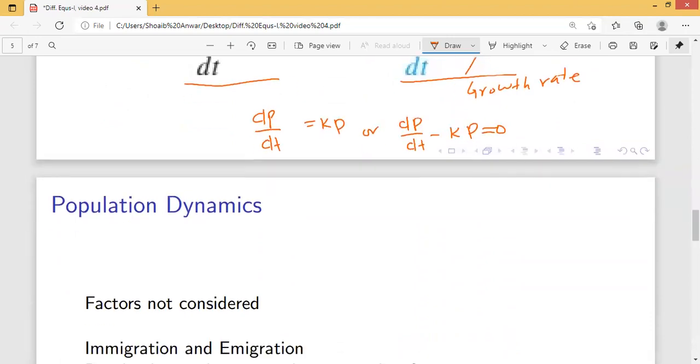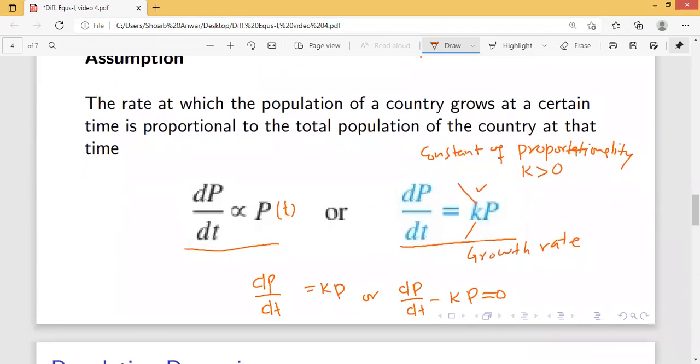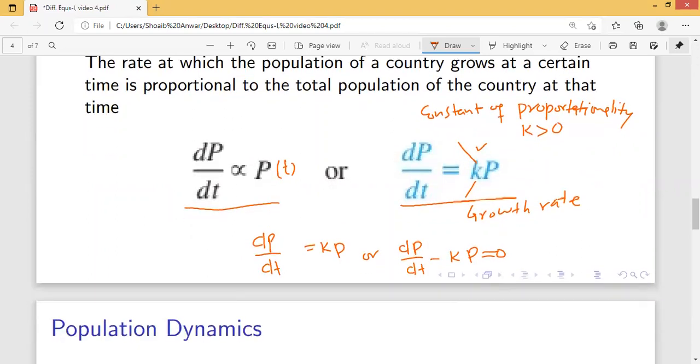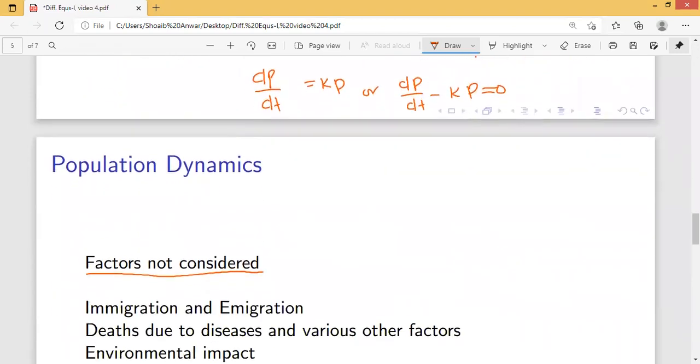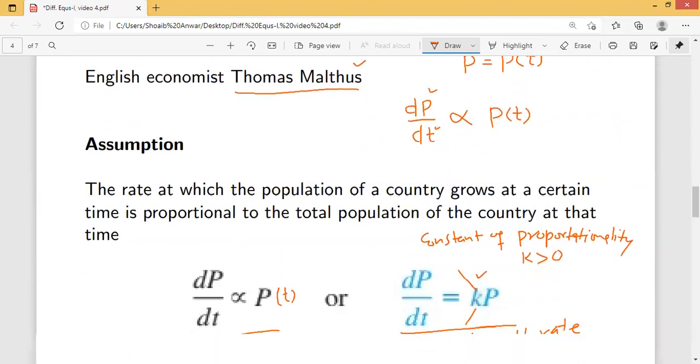Now, you can notice that there are some factors that are not considered by Thomas Malthus. If you look around the population of a certain city, you can see the population depends upon time. With the passage of time, the population changes, but the immigration and the emigration in that particular region also affect the population, which is not considered in the above mathematical model presented by Thomas Malthus.